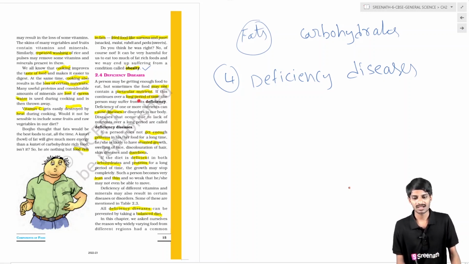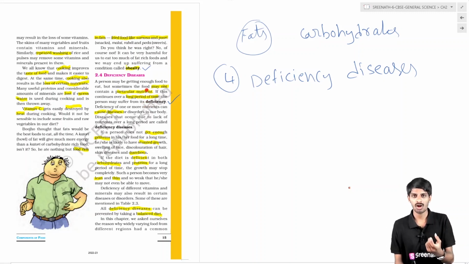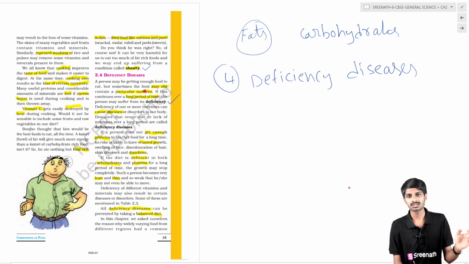Then the person may suffer from deficiency. What is it called? Deficiency, which means a particular nutrient is not given to the body for a longer period. If you are not taking a particular nutrient through your food for a long period, then you will get a deficiency of that nutrient.